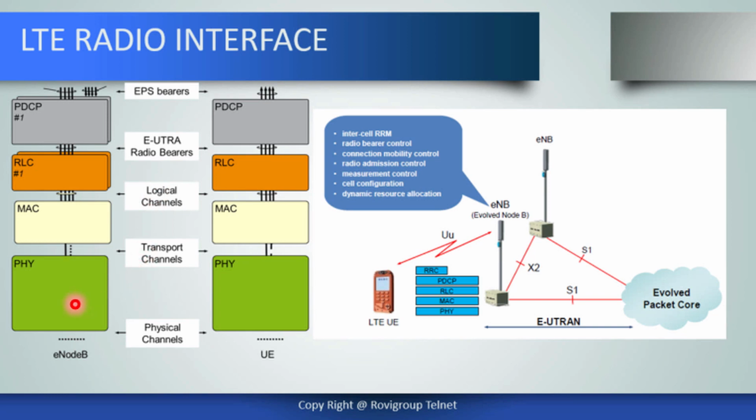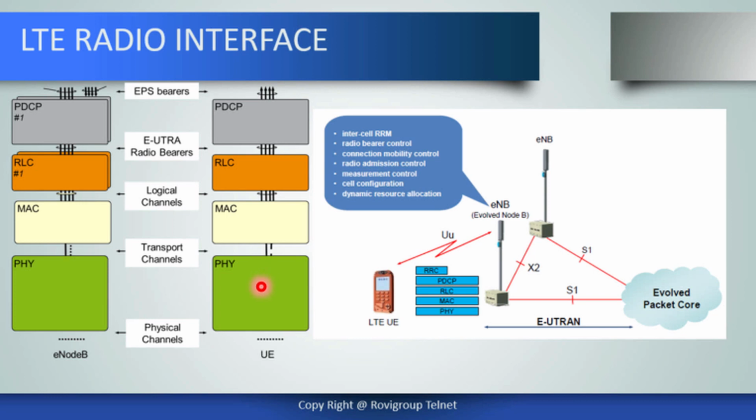So what is the functionality of the physical layer? Antenna and resource mapping is done at the eNode B side. Modulation and coding is also performed at the physical layer. At the UE side, antenna and resource demapping is performed, along with demodulation and decoding.